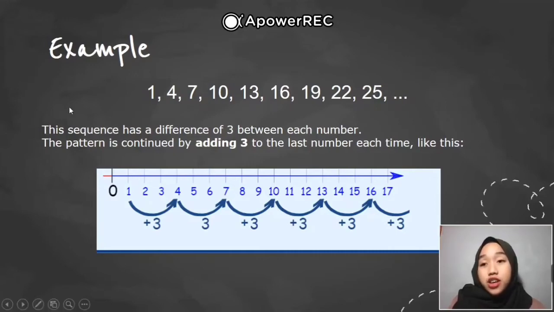You see, 1 go to 4 is plus 3, and 4 go to 7 is plus 3. So 7 go to 10 is plus 3, and 10 go to 13 is plus 3, and so on.